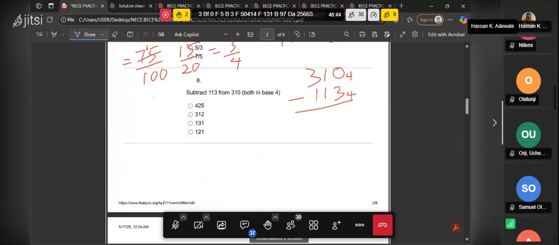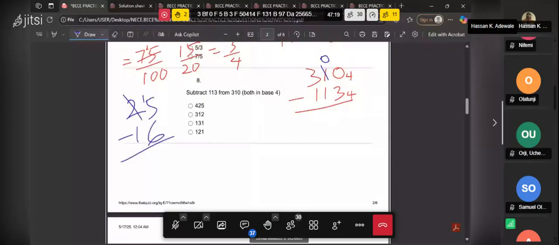I'm taking this one, it remains 0. The one I'm taking now will stand for 4, not 1 again, because we are working in base 4. If we are working in base 3, it will be 3. If we are working in base 10, it will be 10. That is why, in base 10 subtraction, you take 1 from here and put it here, and it turns to 15.